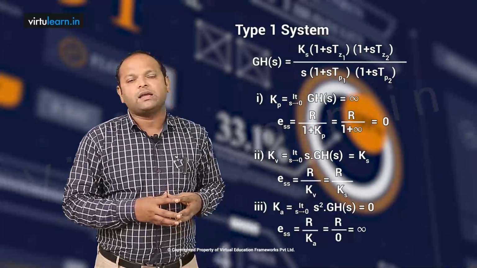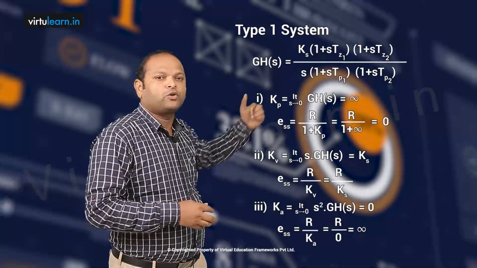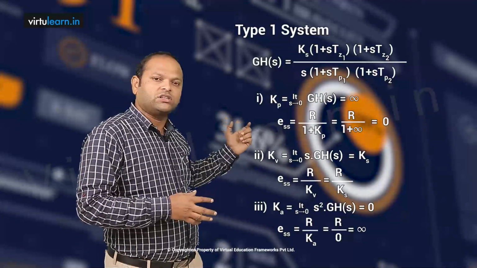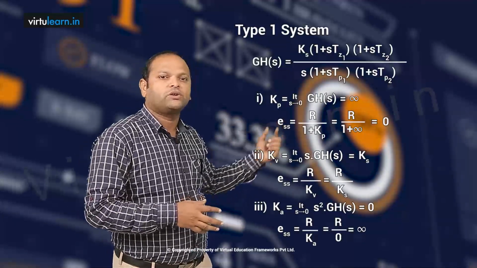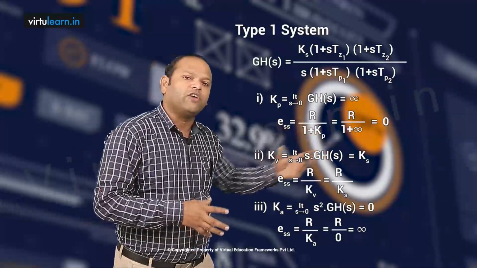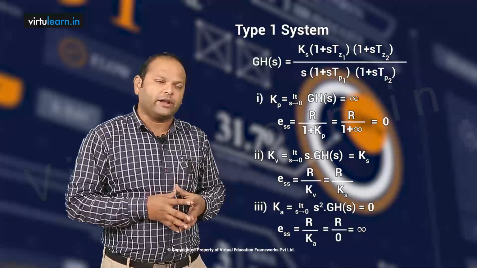So R by Ks is the steady state error when you apply a ramp input to a type 1 system. Similarly, the acceleration constant Ka is limit s tends to 0 of s square GH of s. For a type 1 system the value will be 0, Ka is 0, and the corresponding error is infinity.